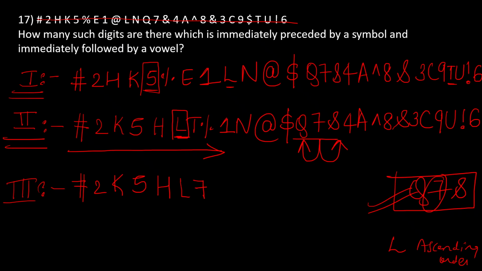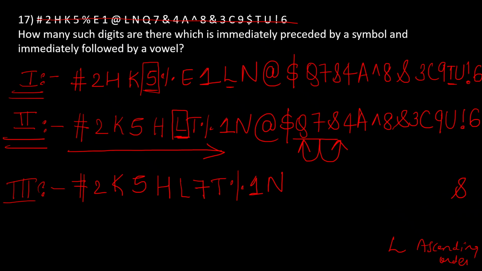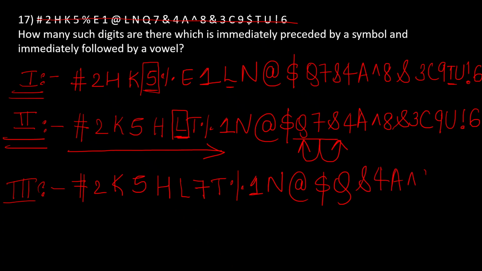So L 7 will come, T percent 1 N at dollar Q. 7 is already placed here, so again 7 you don't include, and 4A. This will remain as it is. So this will be your final step.